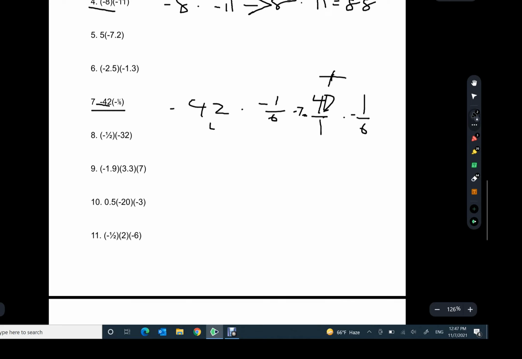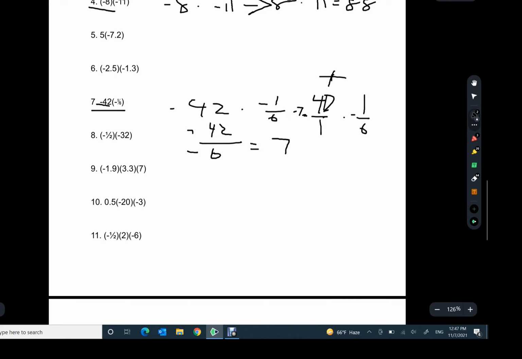And so you would come up with 42 divided by 6 with negatives on top and bottom. And 42 divided by 6, we all know, is 7. And so your answer would be 7, because they're both negatives again.